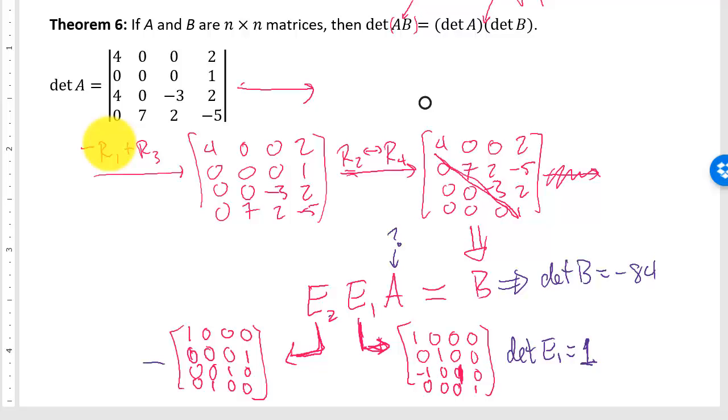And then the determinant of a row switch will give a -1. That's a -1. And so we have -1 times 1 times the determinant of A.